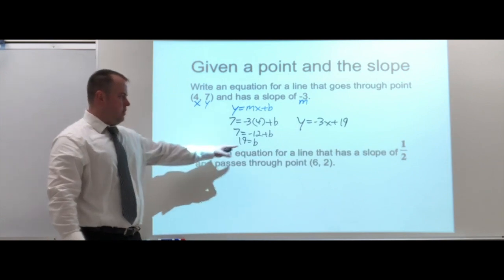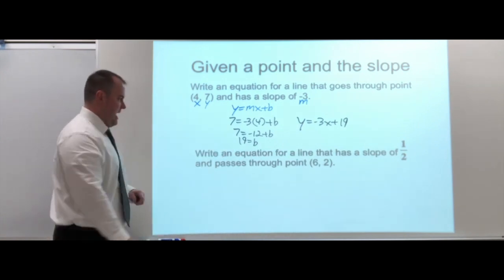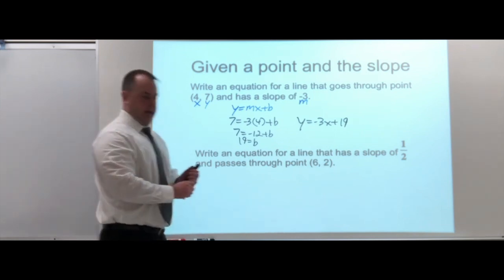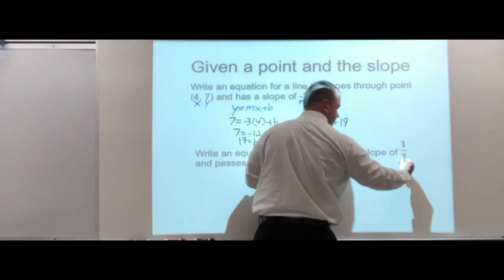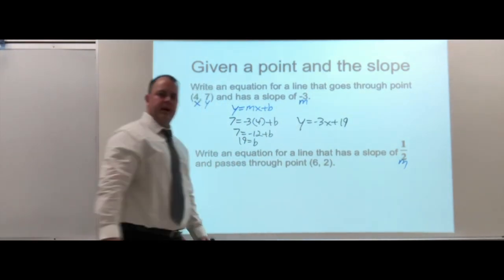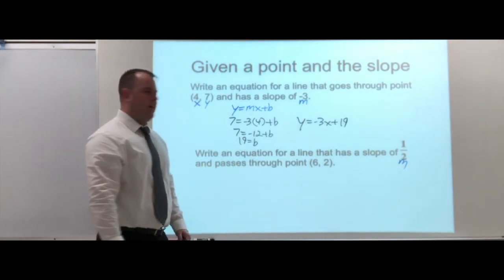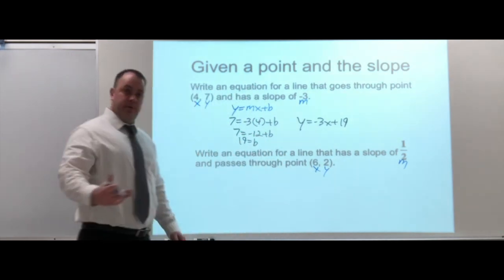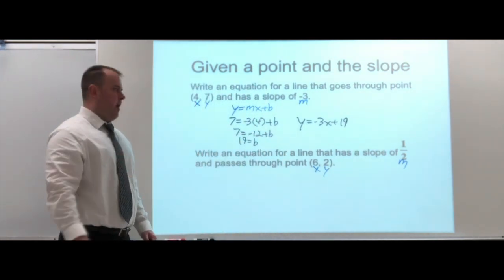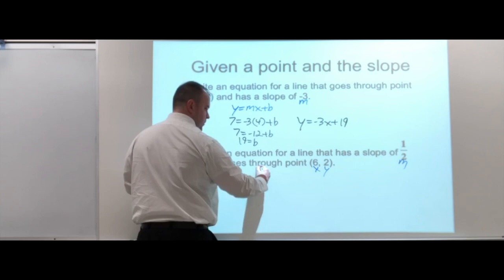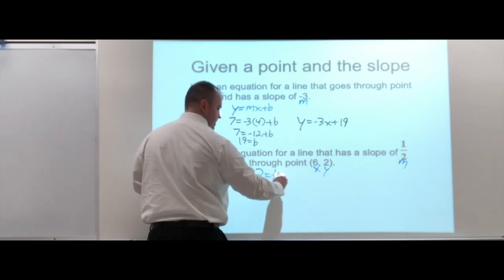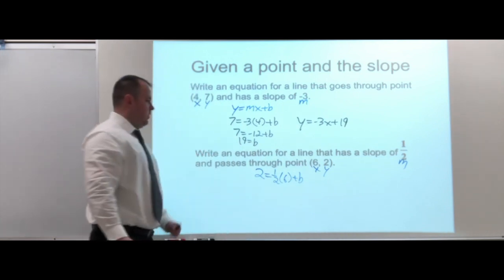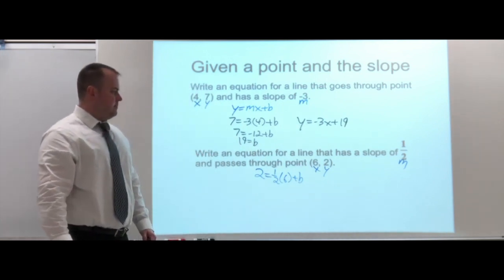Another example, write an equation of a line that has slope 1/2 and passes through point (6,2). So again, it's giving us our slope. And again, anytime they're giving us a random point, that's (6,2), that is x and y. Okay? So again, 3 variables, we can find the fourth. 2 equals 1/2 times 6 plus b.